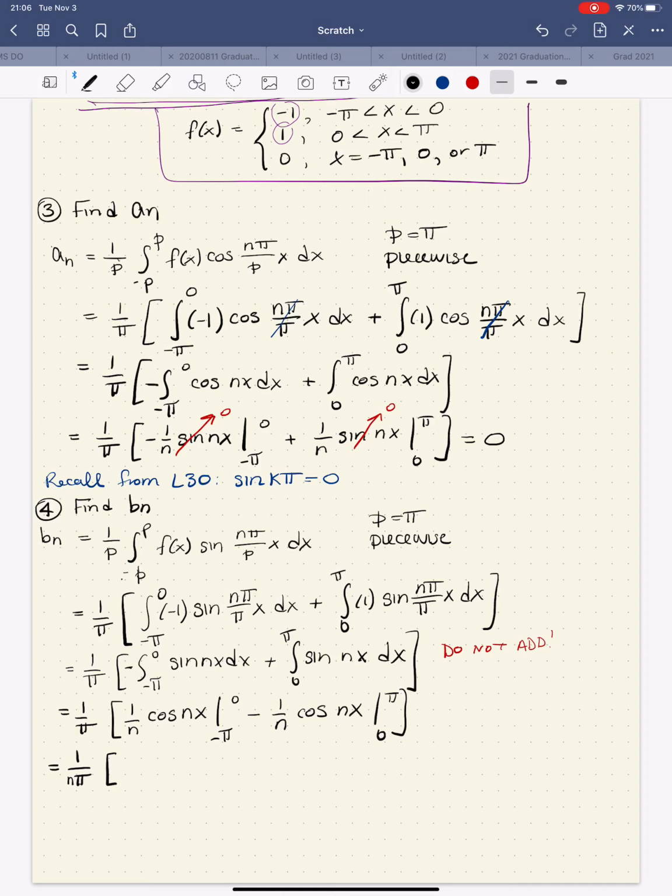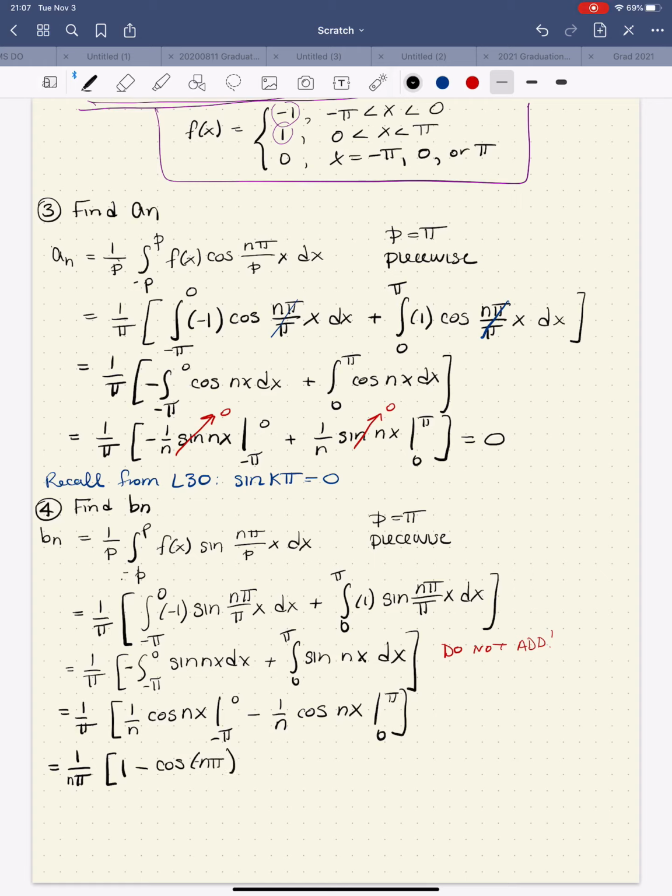And now we just need to evaluate. So now we're not going to get a whole bunch of zeros. So we pulled out the 1 over n. So I have cosine of n times 0. So cosine of 0 is 1. And then minus cosine of negative n pi.